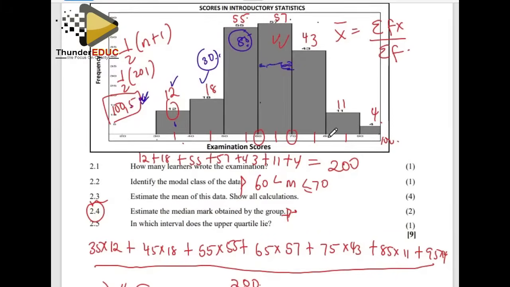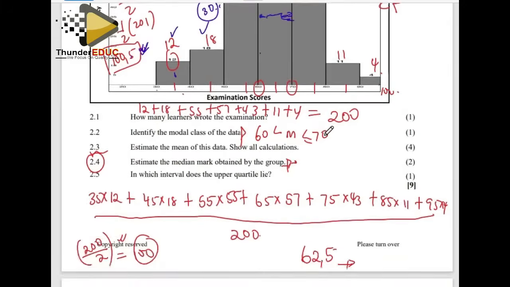So that's where the median is going to be found. The question is, estimate the median mark. So we could say 60 plus 70 divided by 2, and someone can say it's just 65, because we know that the median mark is found within this interval. If ever they ask for the median mark interval, just tell us between 60 and 70.